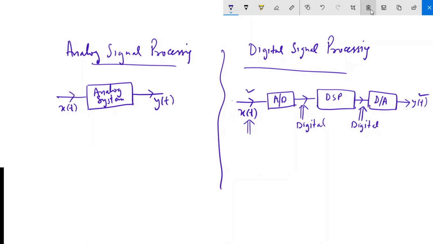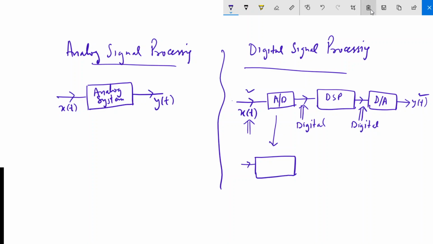This digital output, you may store it or display it as it is, but if you need to convert it into an analog signal again, you have to interface a D to A converter. Okay, so it means even if you have an analog signal, you have another means to process it, using digital signal processing.